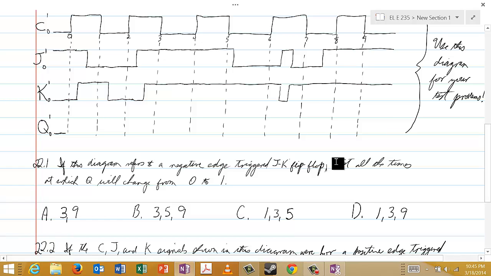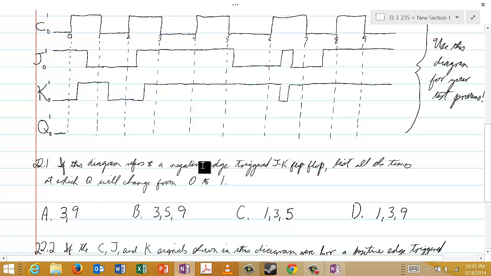22.1 says if this diagram refers to a negative edge triggered JK flip-flop. Now we just did the case, we just used this diagram and figured out what Q would be for a positive edge triggered flip-flop, but now in 22.1 we want to consider a negative edge triggered JK flip-flop.